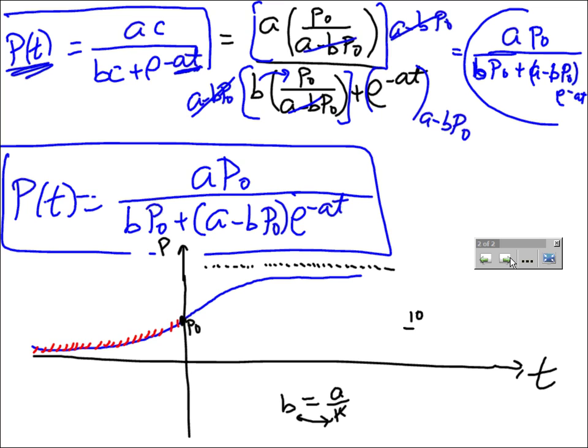I mean, remember, 10 over 2 is 5. If I interchange the 2 and the 5 there and the 2 there, that's also correct. So K, the most we can ever have, is A over B. This high value is A over B.